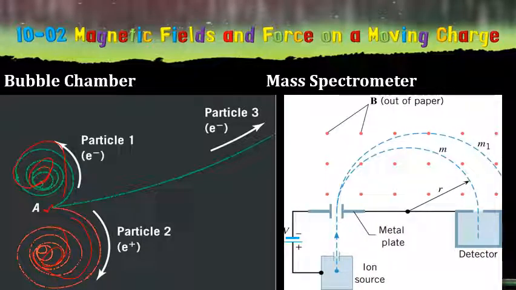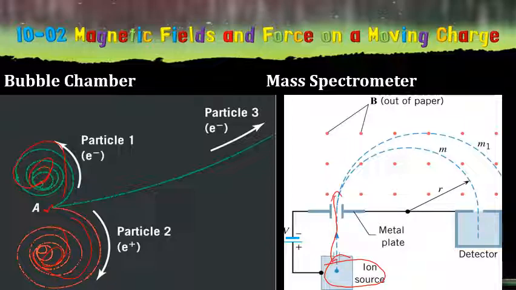You can also use this to determine what type of atoms there are. So we can use a mass spectrometer. Down here in the ion source, we've taken unknown material and we've broken it down to individual atoms, and they're shot out at a known velocity.